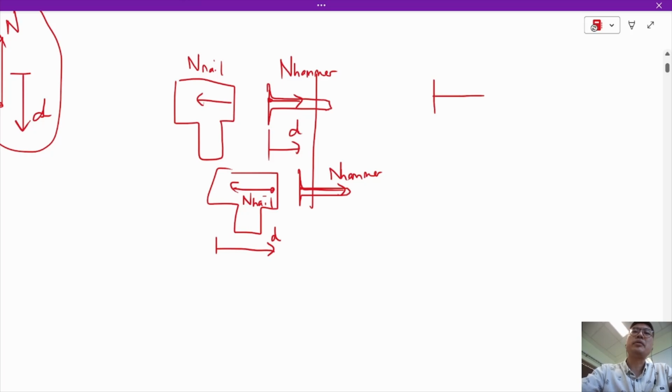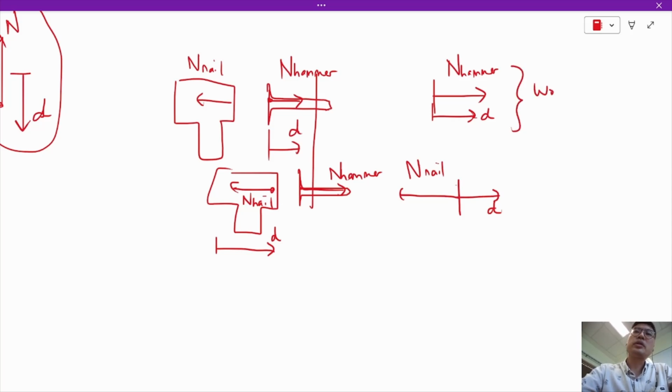Let's take a look at the nail. For the nail, it has a hammer force acting on it and then a distance moved into the wall. But for the hammer, it has a nail force acting on it and the distance moved is in this direction. So this means that the work done on the nail is positive. But the work done on the hammer is negative.